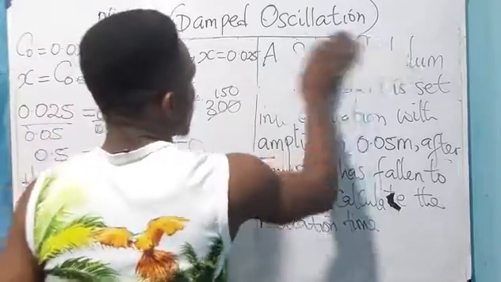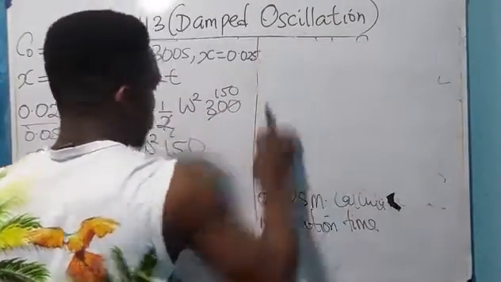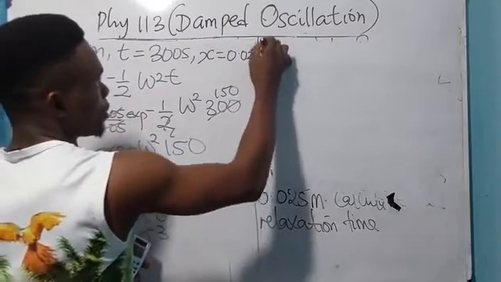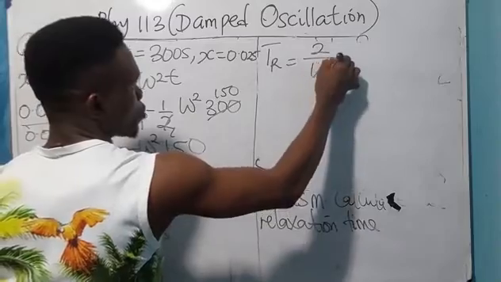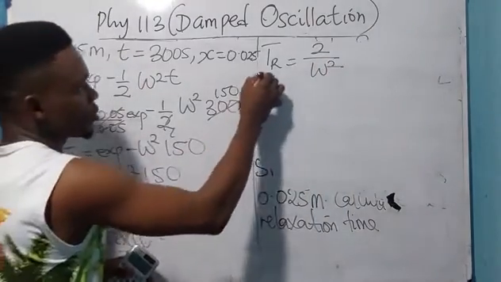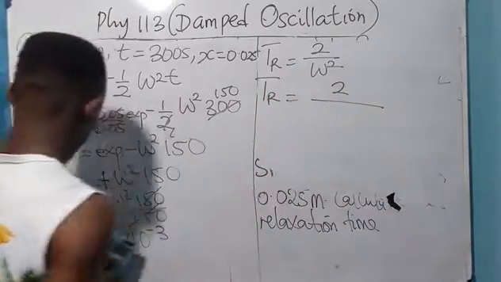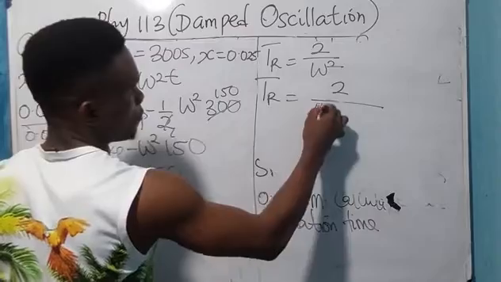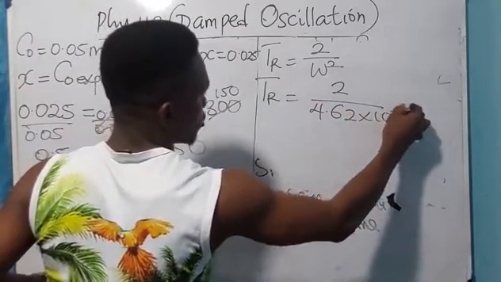Now, in our previous class as well, I gave us relaxation time to be 2 over ω². So it means that relaxation time now is equal to 2 over 4.62 times 10 raised to minus 3.